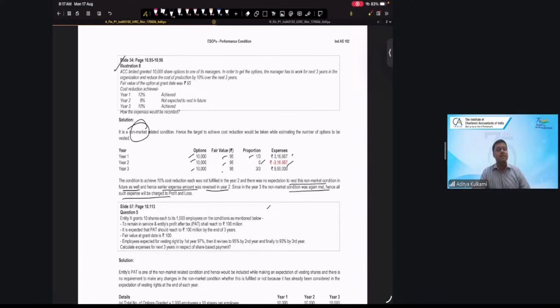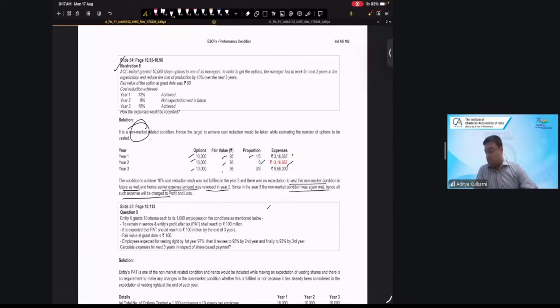So this is there for items which are under the control of the company. But market linked performance conditions are already directly priced in the fair value itself. The fair value is a forward looking value. I told at the beginning of the session, it is a forward looking value. What do you mean by forward looking value? It is based on certain valuation models like Black and Scholes or binomial, whatever it is.